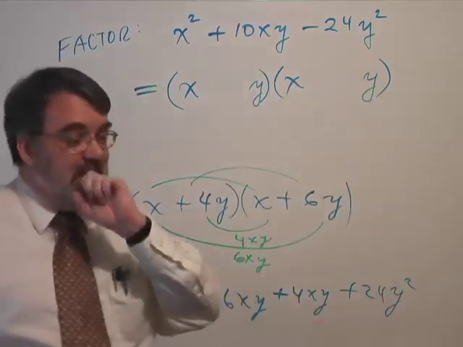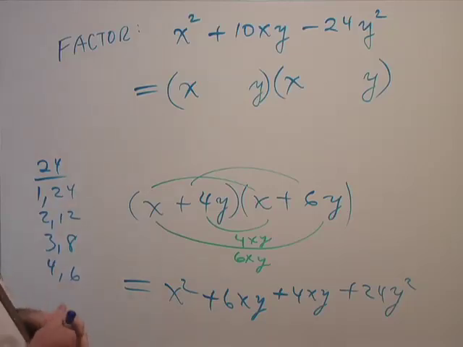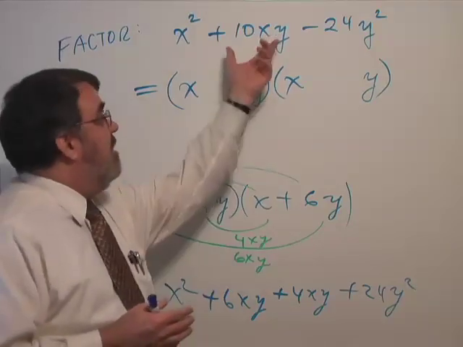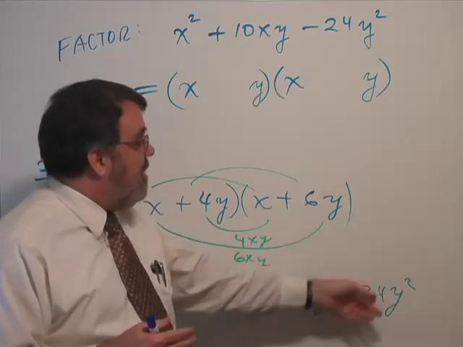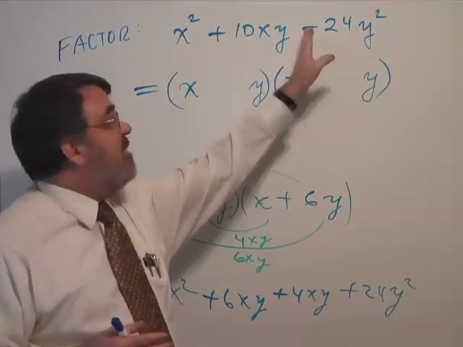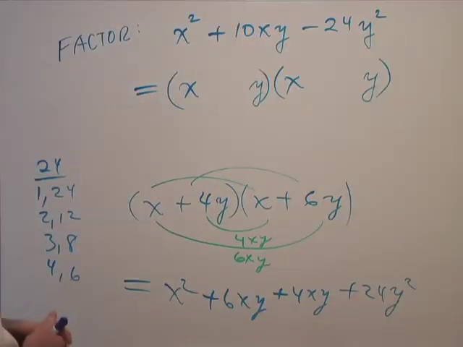I got plus 24y squared. So if you don't check your factoring, that would be very easy to overlook. And these come up kind of rarely, this type, where you can get the correct middle term and apparently the correct number here, except that you're off by a negative sign. So that happens, and I wanted to show it to you. And it's another plug for, check your work. So 4 times 6 does not work as a factor.